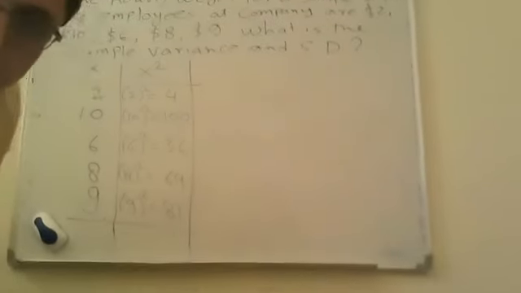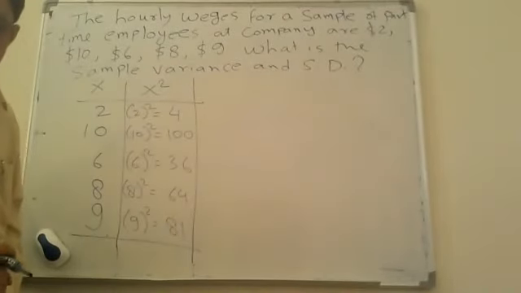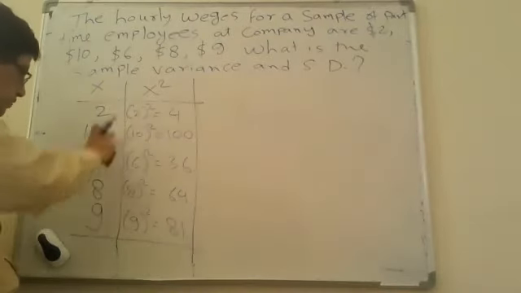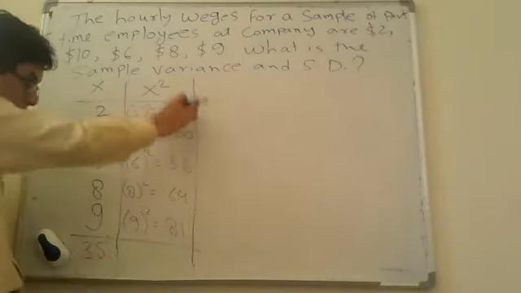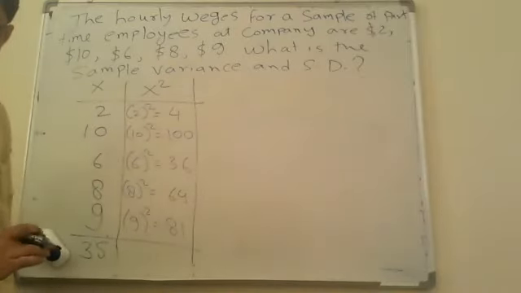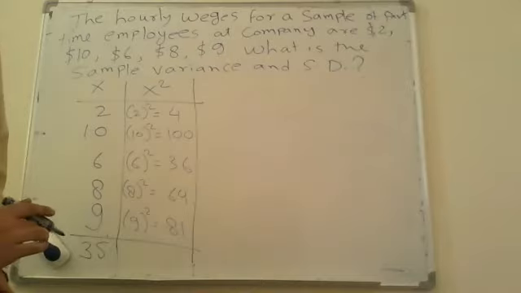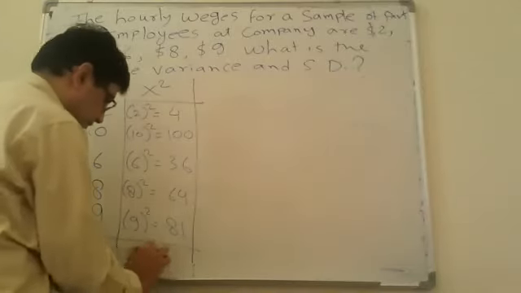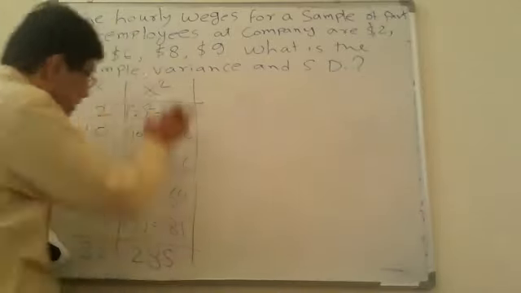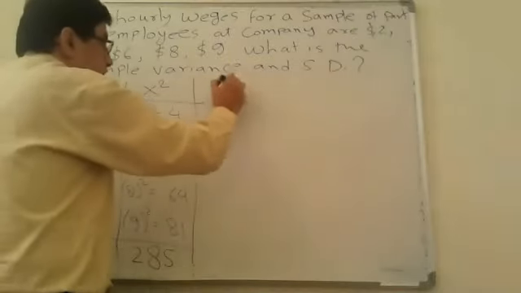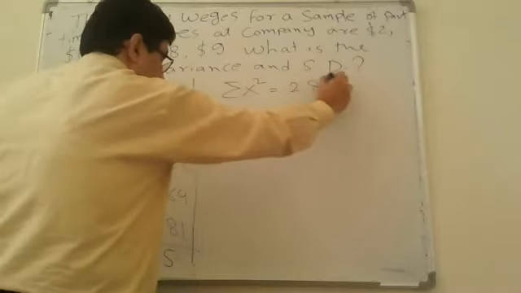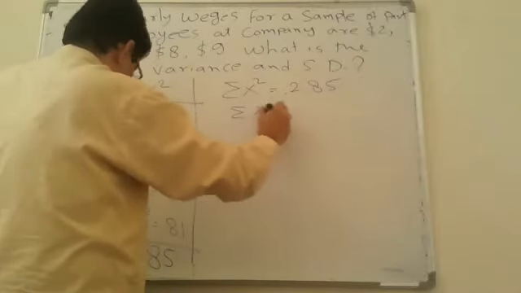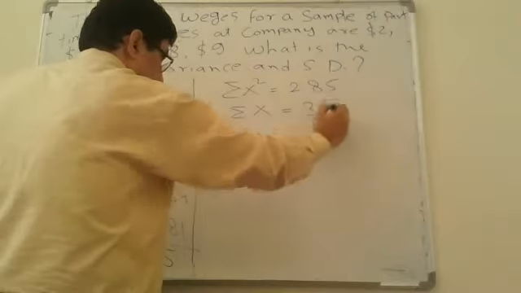Now you need the totals. The total of x is 35. The total of x square is 285.